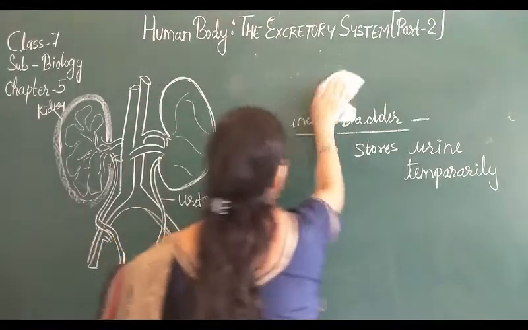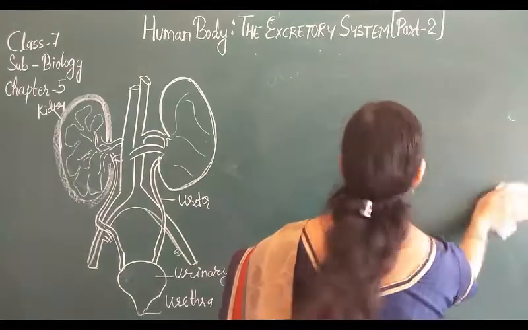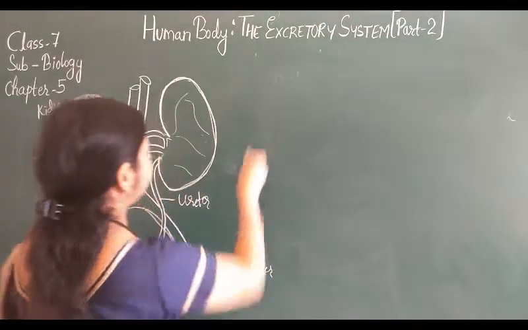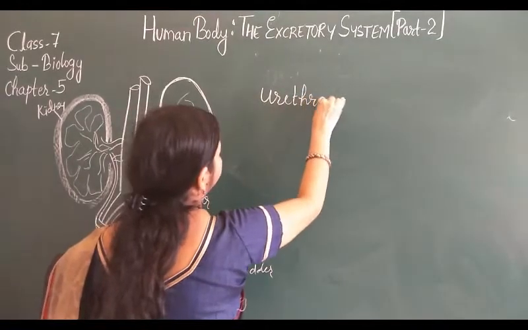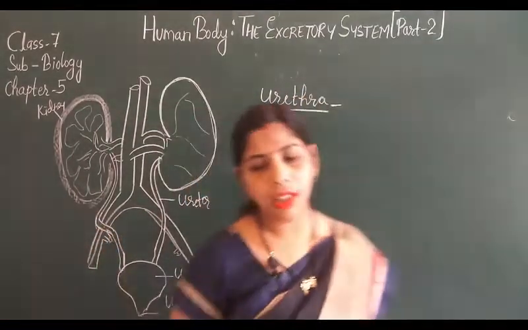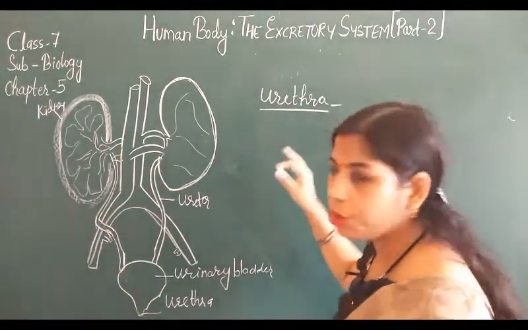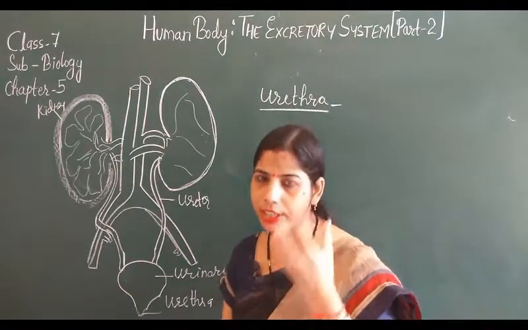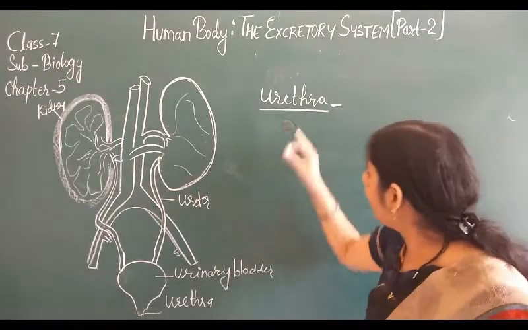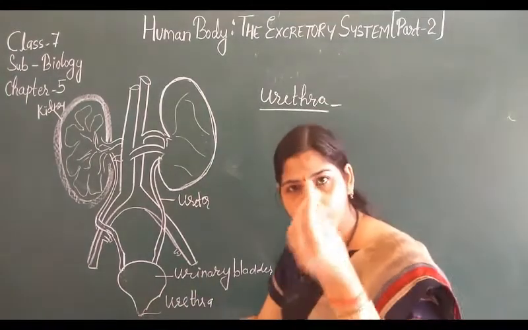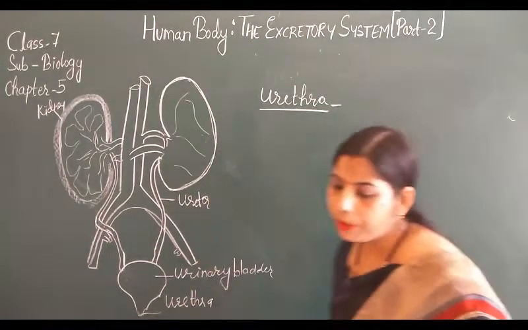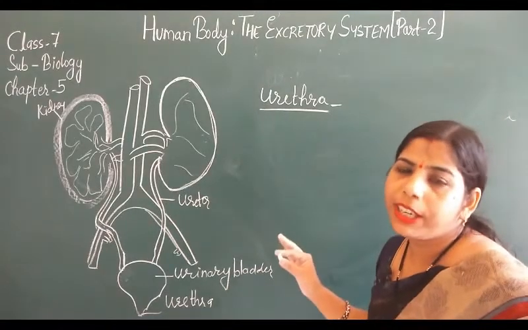Now the last part is the urethra. The urethra is a short muscular tube like structure at the end of the urinary bladder. Below the bladder there is a tube like structure which is controlled by the sphincter muscles.